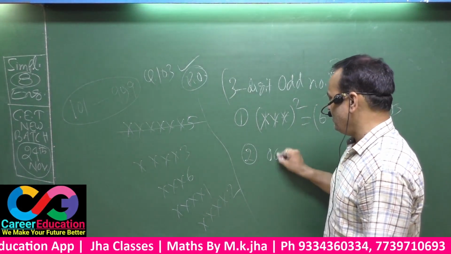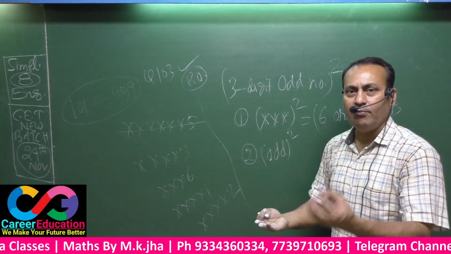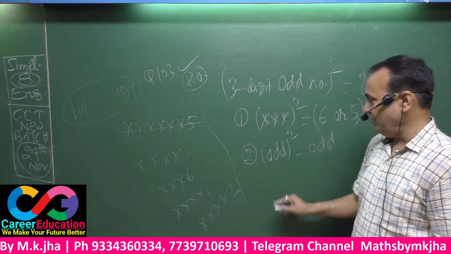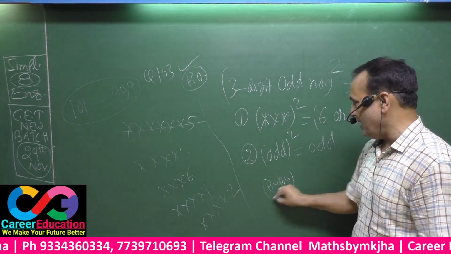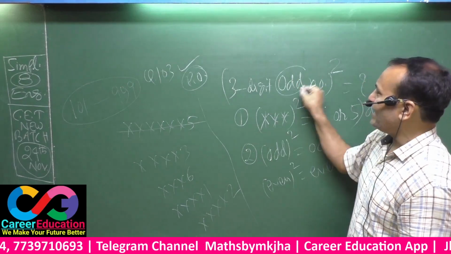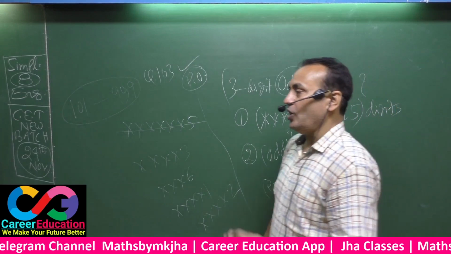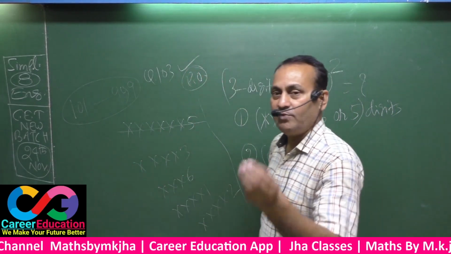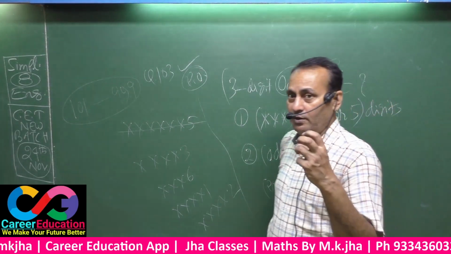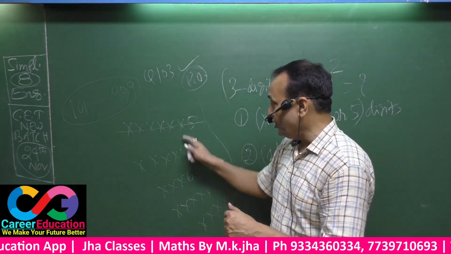Secondly, since you have got the square value of an odd number, you must know odd square happens all the time odd only. Even square happens all the time even only. That means since your number was odd, the odd square is always odd. And you recognize any number, whether odd or even, through the unit place.